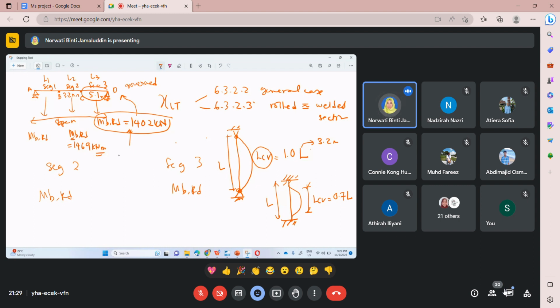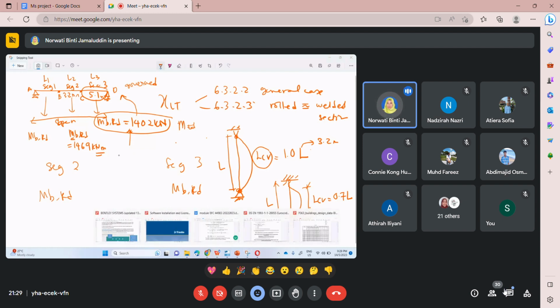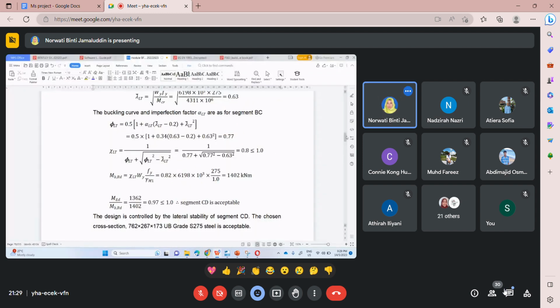Okay, so this 1402 you need to compare with the MEd. What is the MEd? MEd is the maximum moment that you get from your analysis.